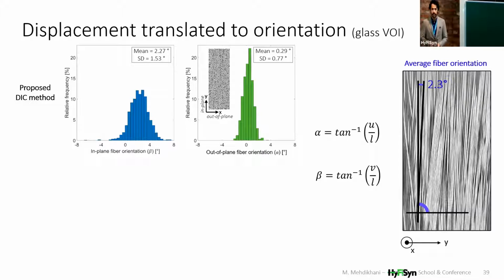Using the orientation for individual fibers, we can obtain a distribution of orientation for the fibers analyzed in that volume.